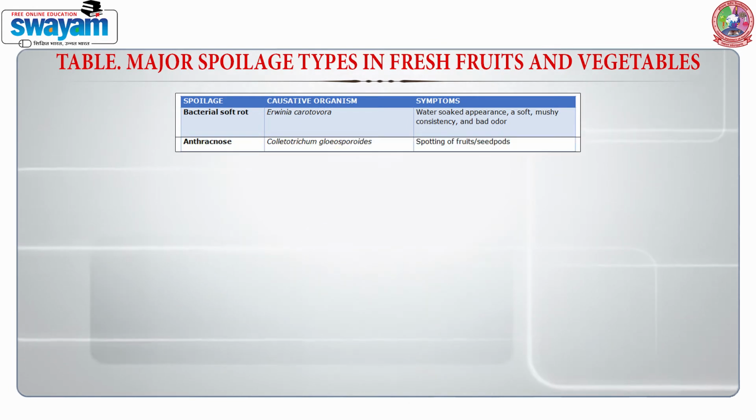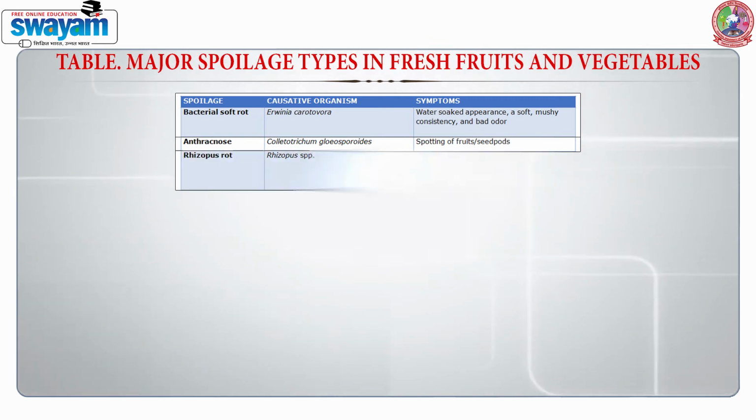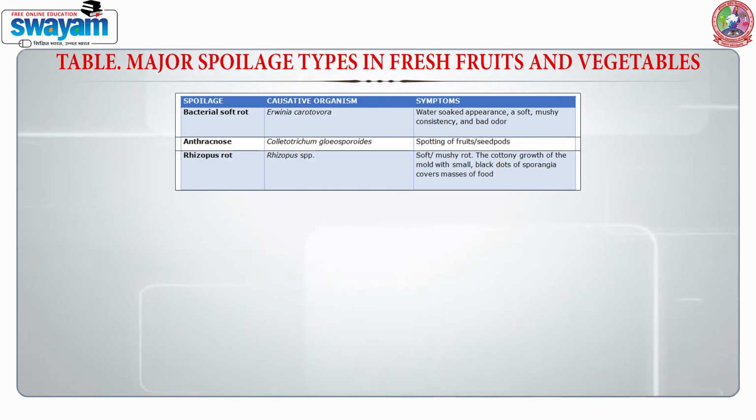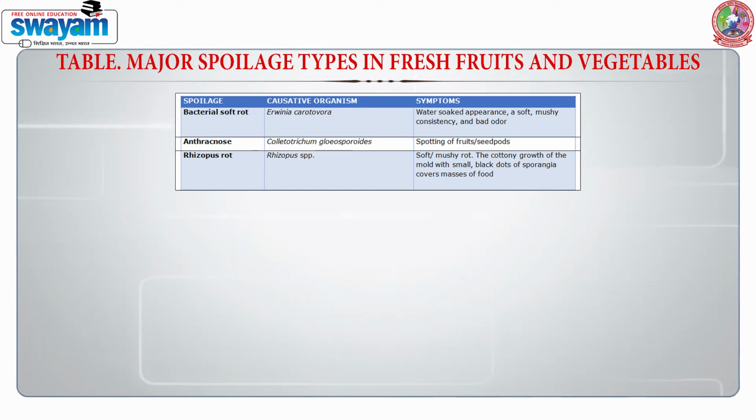Anthracnose, which is caused by the fungus Colletotrichum species, is responsible for spotting of fruits and seed pods. Rhizopus rot, which is caused by Rhizopus species, results in soft mushy rot.